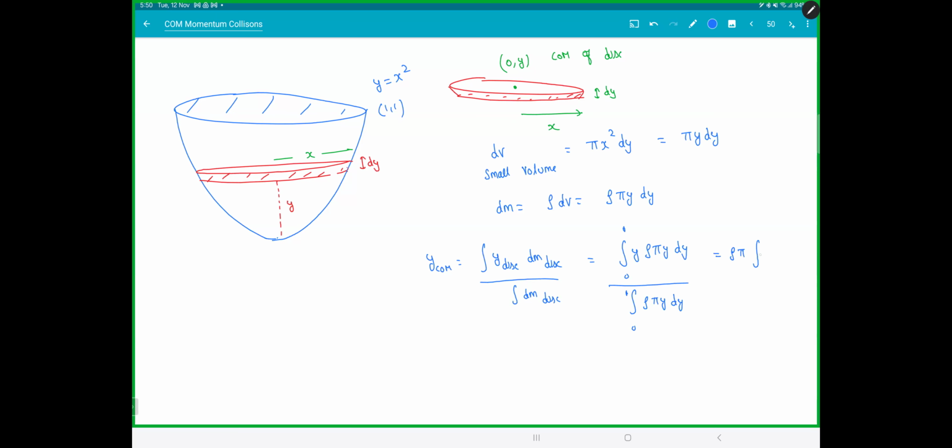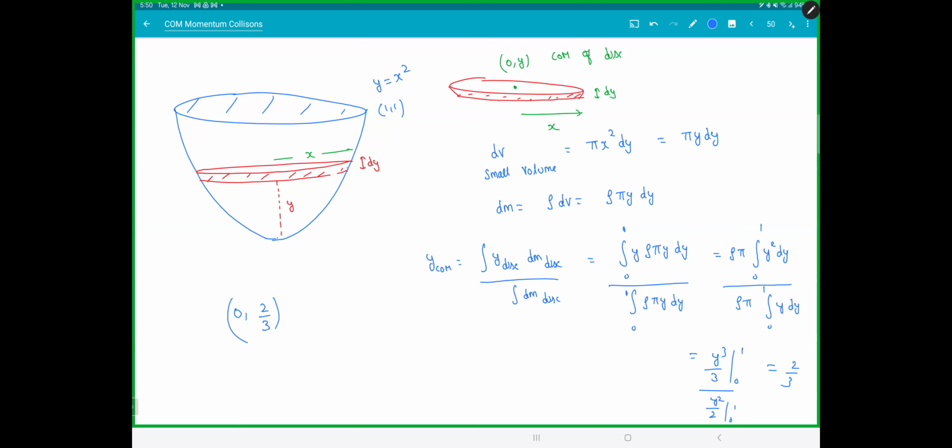We have rho pi integral y square dy by rho pi integral y dy, 0 to 1. Rho pi will cancel. Y cube by 3, y square by 2. You end up with 2 by 3. Therefore, the center of mass is 0 comma 2 by 3. It is symmetrical, so we know x coordinate is 0.